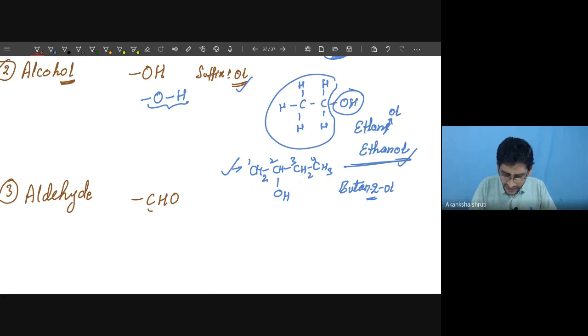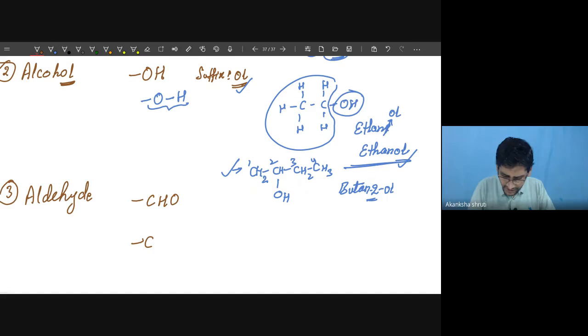But how are this carbon, hydrogen and oxygen forming bonds among themselves, in addition to one open bond which will be attached to the other carbon chain in the organic compound? The structure is like this one.